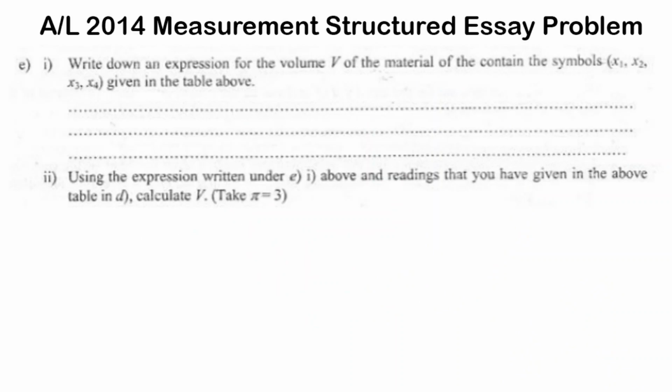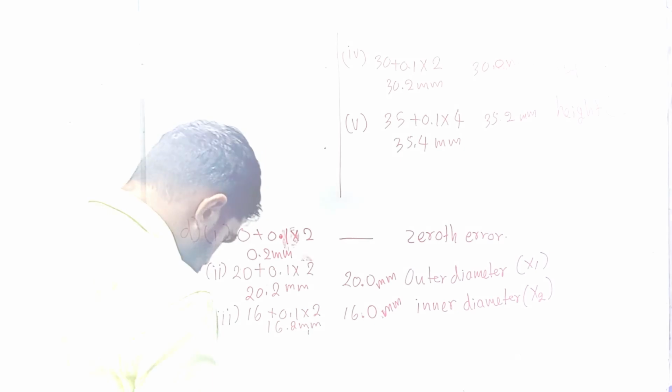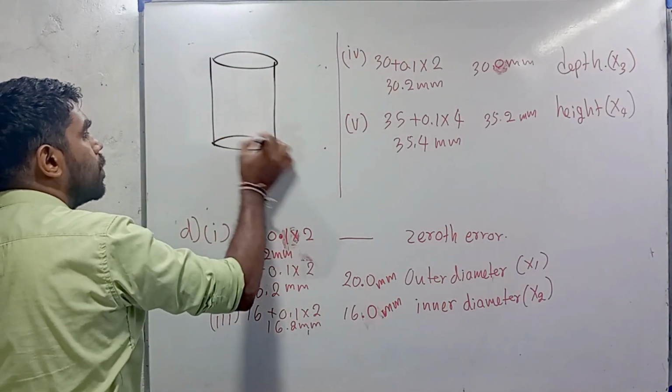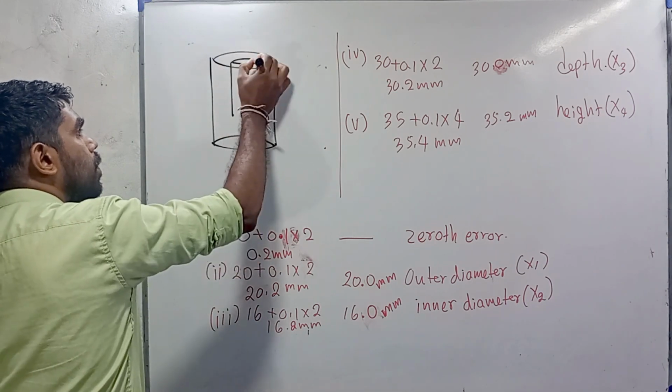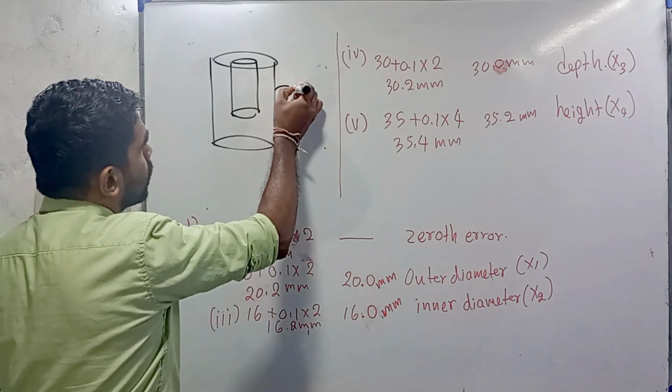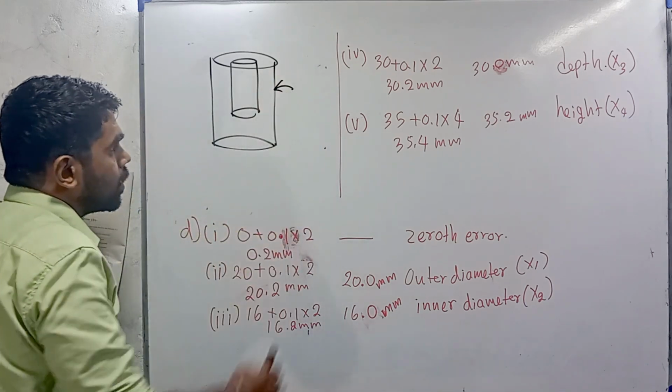In part E1, write down an expression for the volume V of the material that contain the symbols x1, x2, x3, x4 in the given table above. Now there are two cylinders, large cylinder and small cylinder. We can write volume of large cylinder phi r squared h.